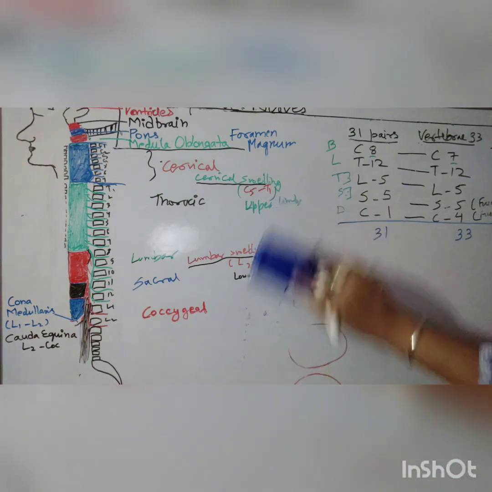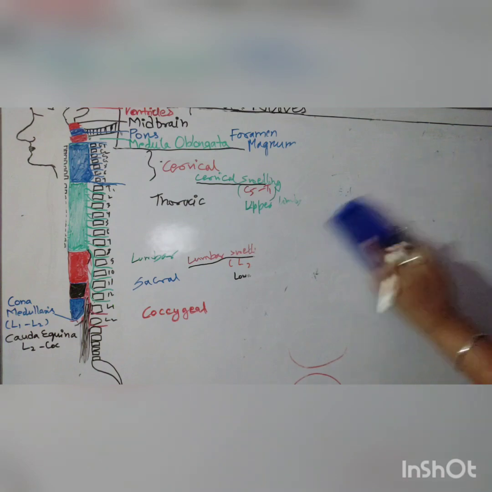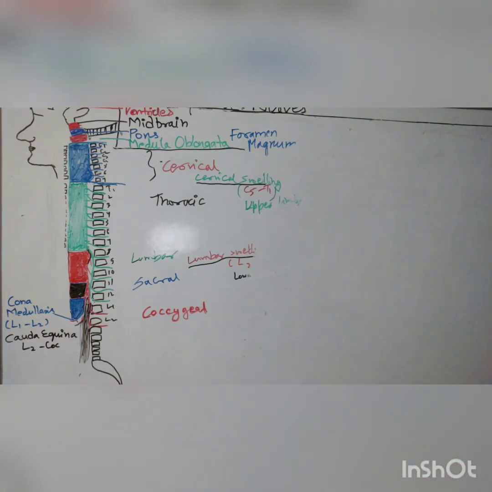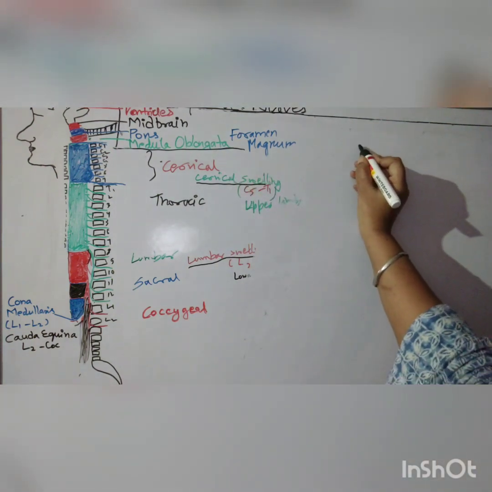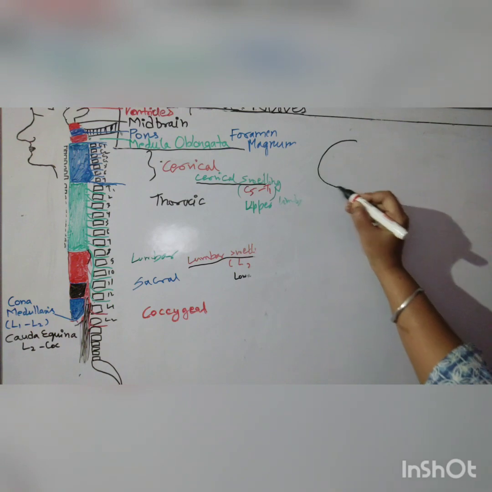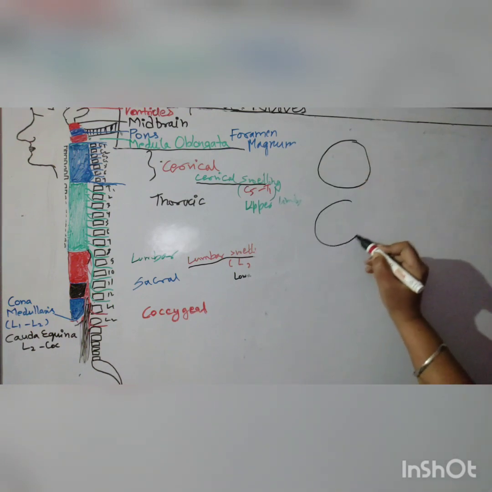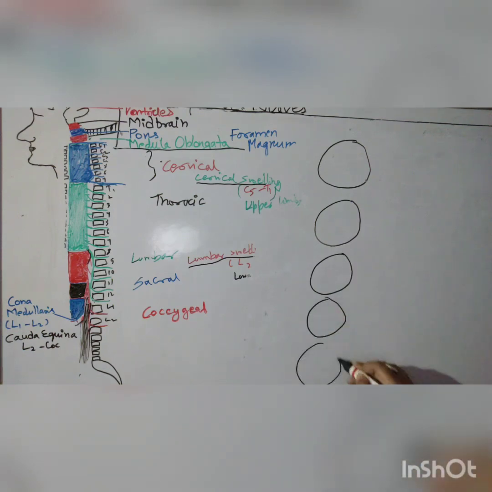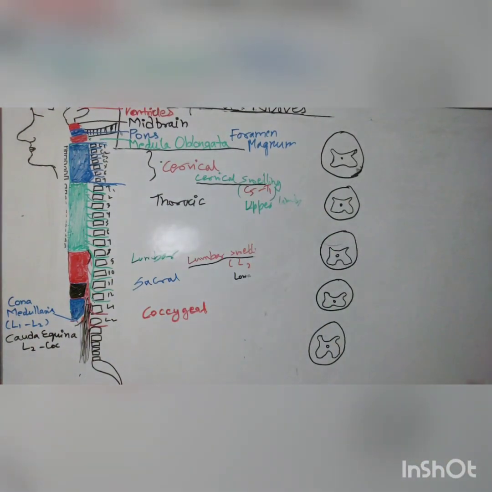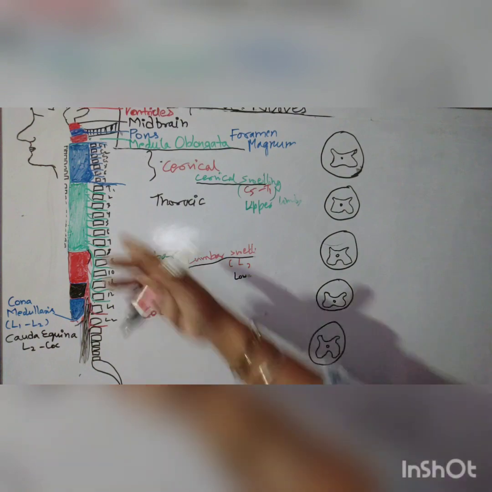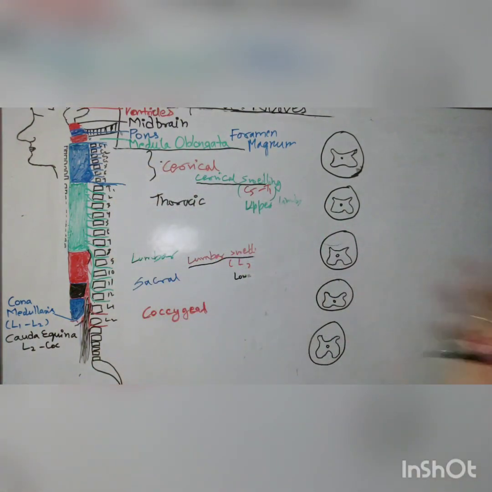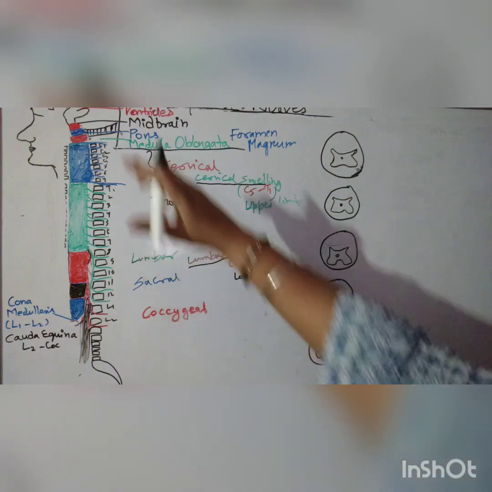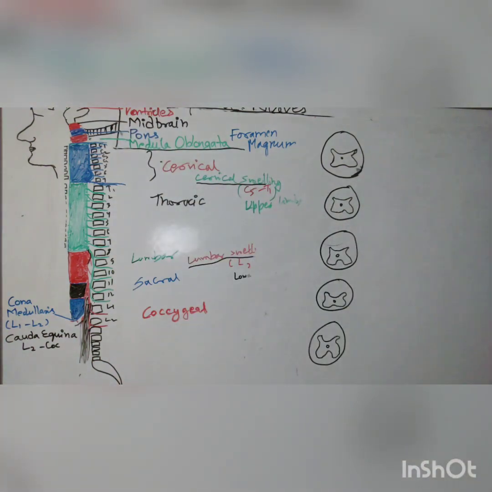Now we will see the cross section of each. Suppose we take a transverse section, cutting sections from each of the cervical, thoracic, lumbar, sacral and coccygeal regions.